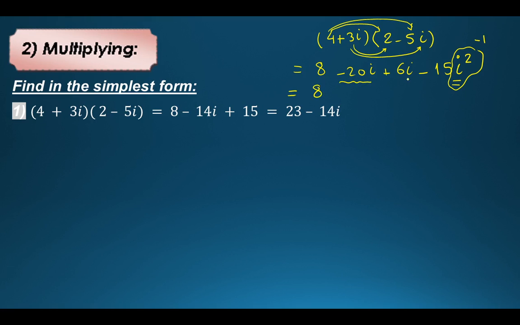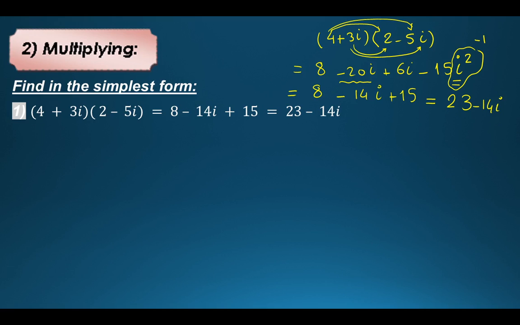Negative 20i plus 6i will be equal to negative 14i. Collecting like terms, 8 plus 15 will be equal to 23, and negative 14i will be left over. So the final answer will be 23 minus 14i.